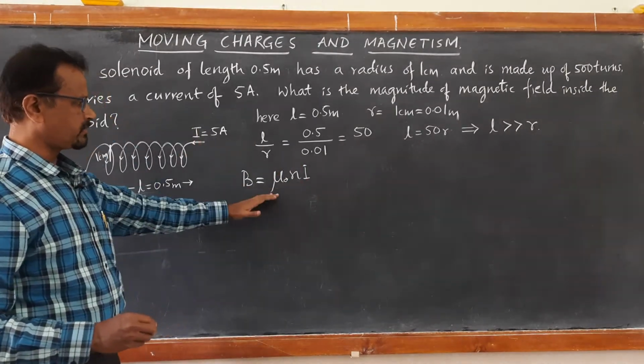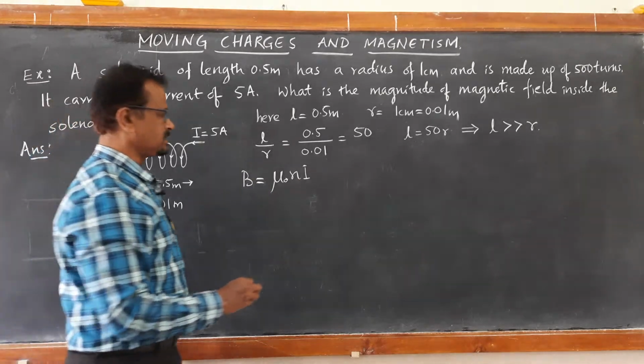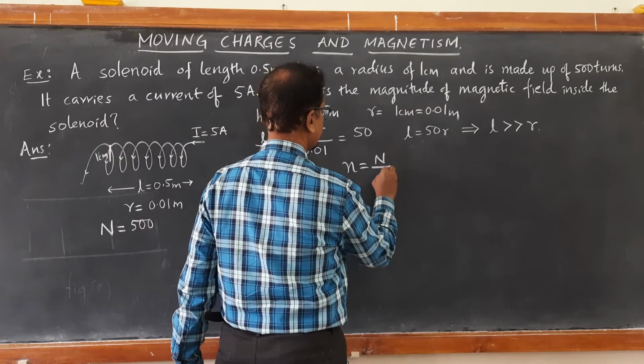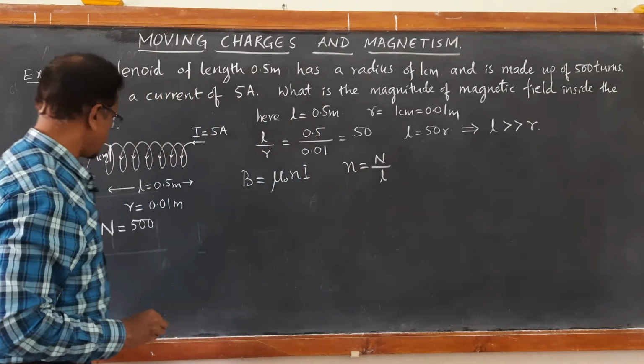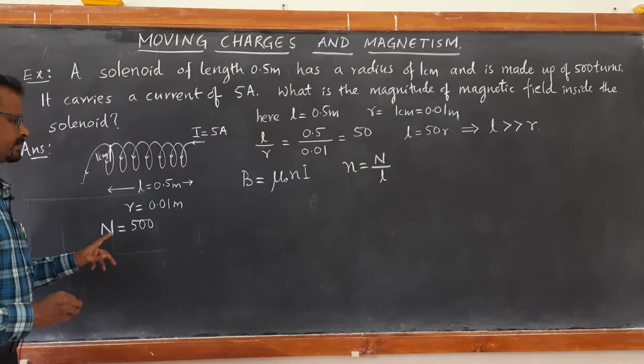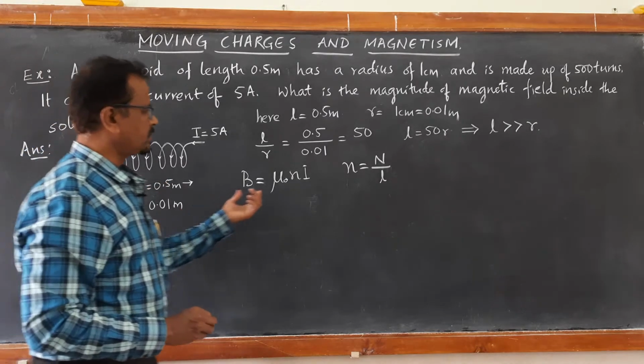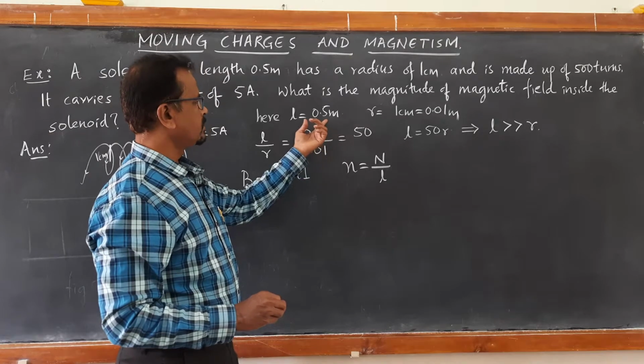First we have to calculate the number of turns per unit length. n, the number of turns per unit length, is given by N by L, where capital N, the number of turns of the entire solenoid, is 500 and the length of the solenoid is 0.5 meter.